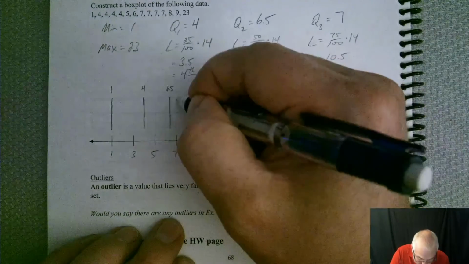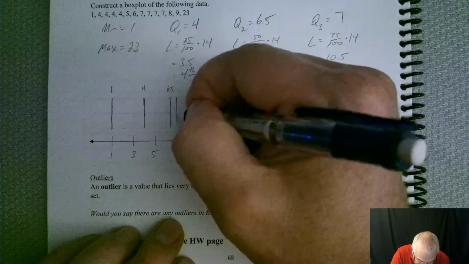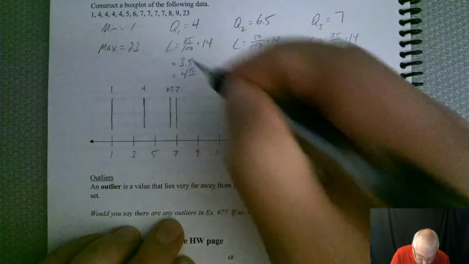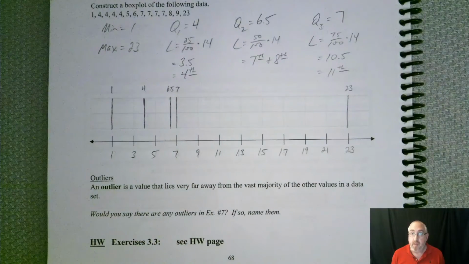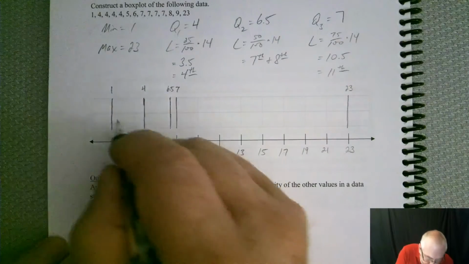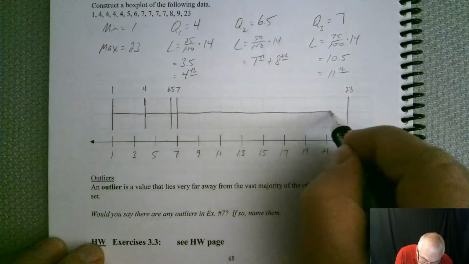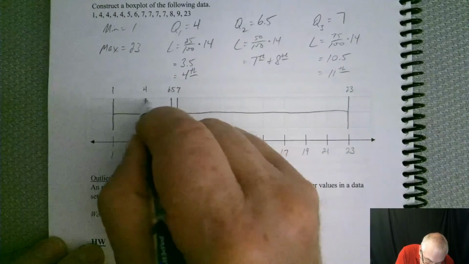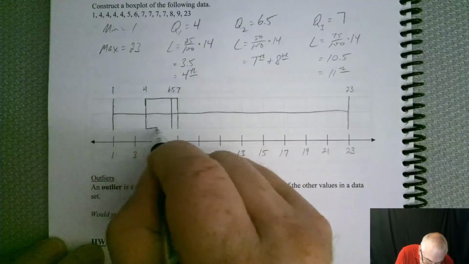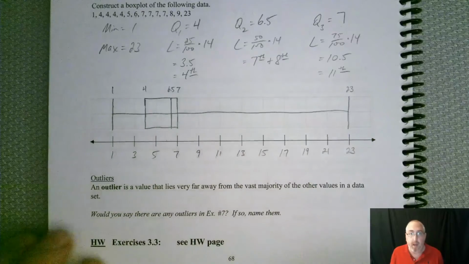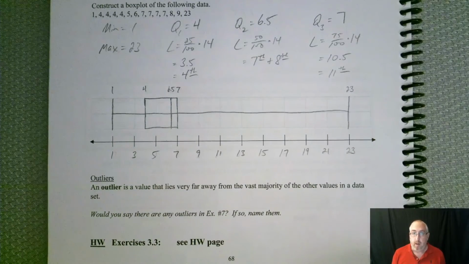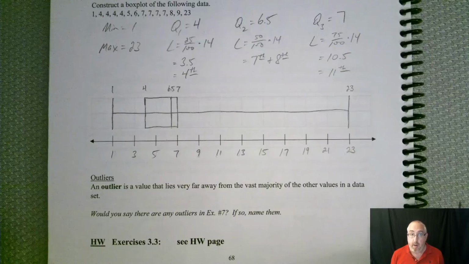And then 7, which is pretty close. All right, so there's our 5 numbers. So now we got to connect down the middle. And then connect the tops of the middle 3, tops and bottoms. All right, so there's our box plot.